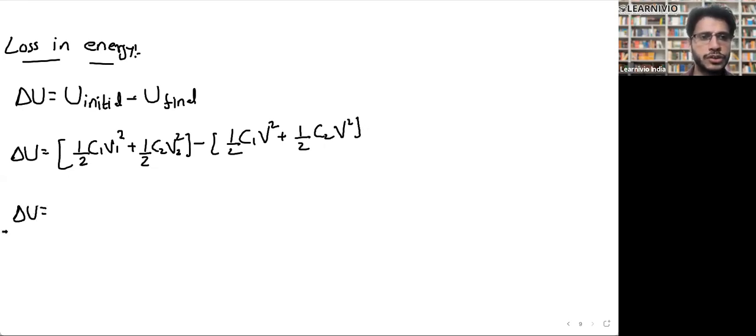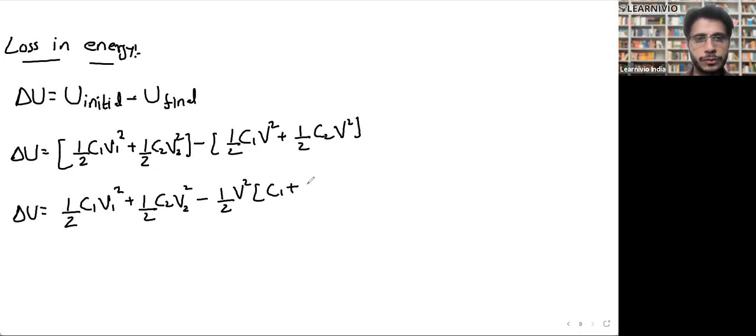So the loss in energy is half C1 V1 square plus half C2 V2 square, minus half V square into C1 plus C2.